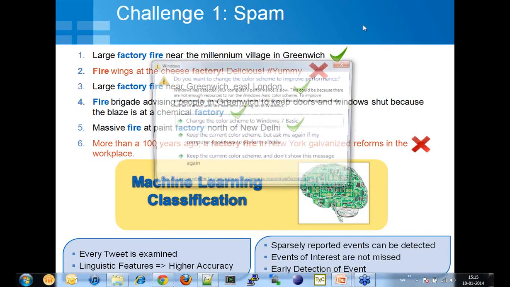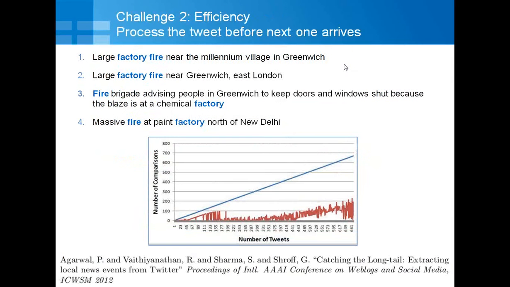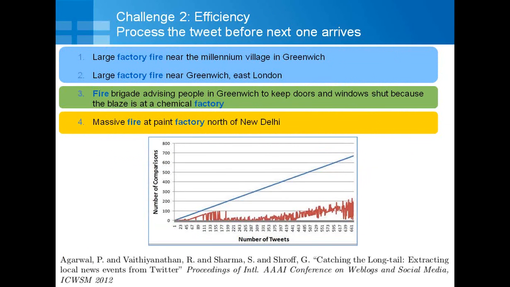Now, having done this, the next challenge for us would be how do we group these tweets which are textually similar? For example, I have marked them with blue, green, and yellow color on my chart.